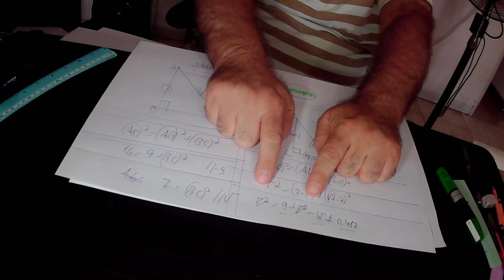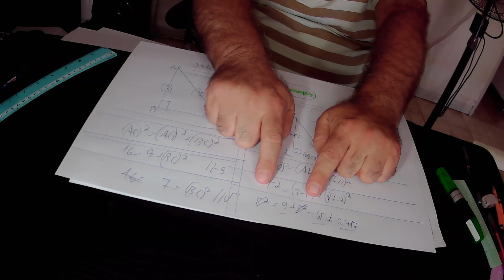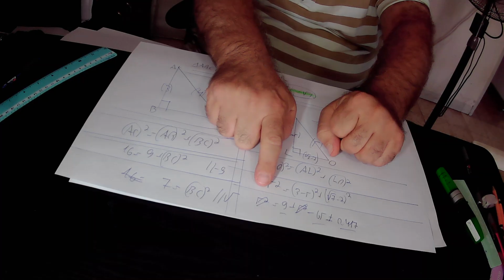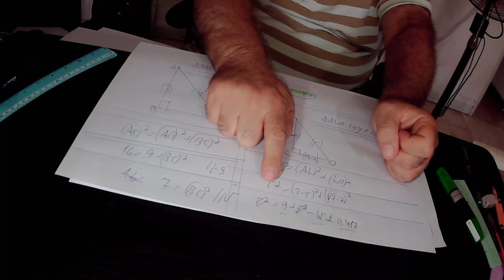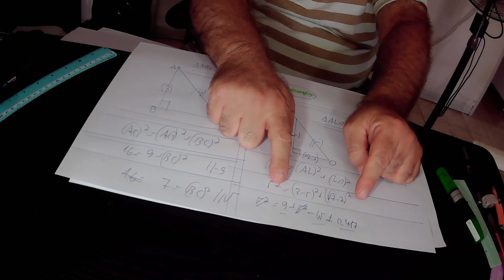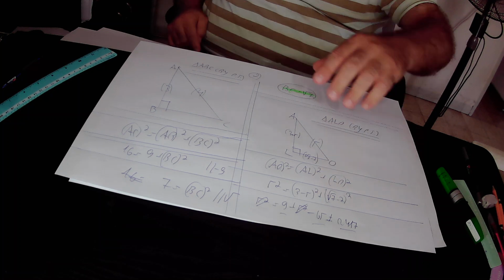Here we have R squared on both sides of this equation, so we can cancel R squared. On this side of the equation we are left with 0, and on the other side we have 9 plus 0.417, that is 9.417, minus 6R.